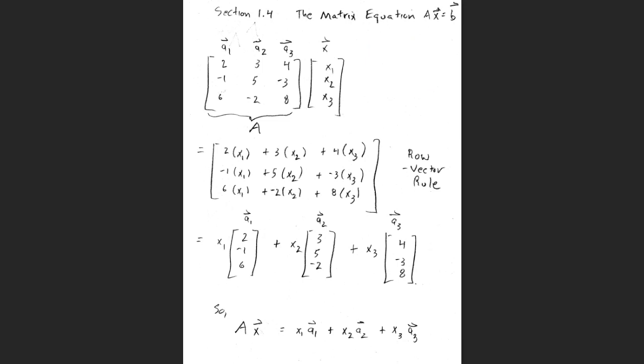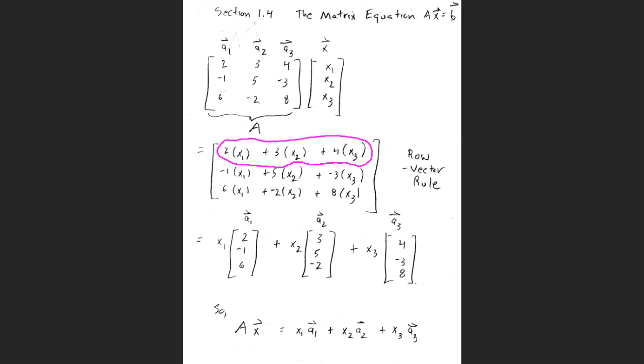All right, well, let's look at the first expression here: 2 times x1 plus 3 times x2 plus 4 times x3. How do we get that?